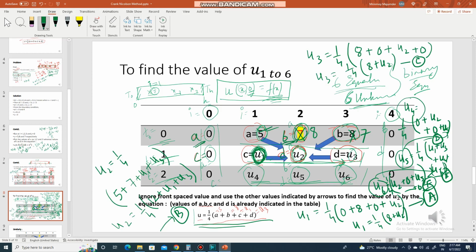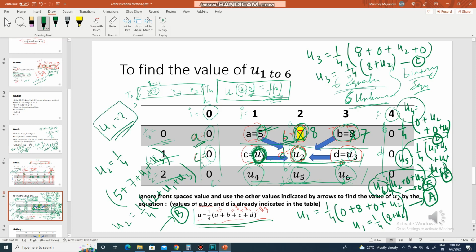And at the end of equation A, you will see that these terms will come and you will find that you have got the value of U1.